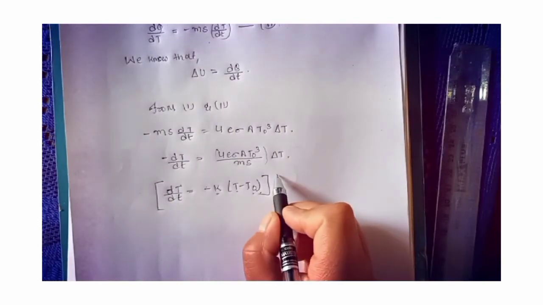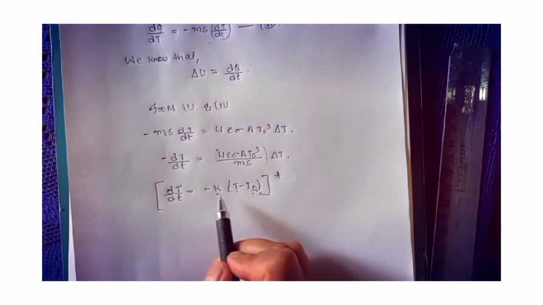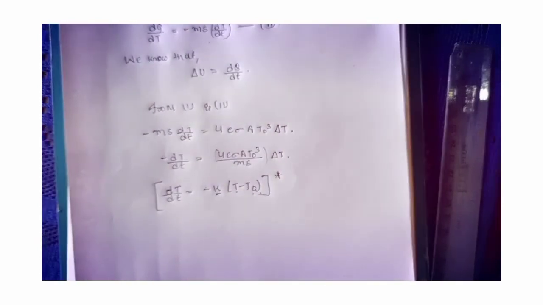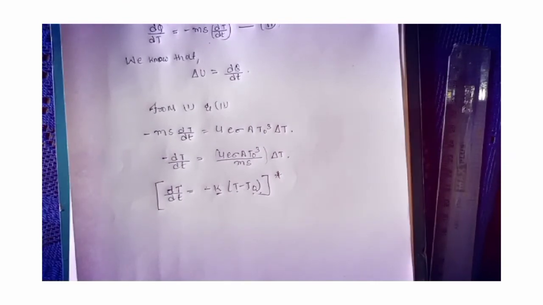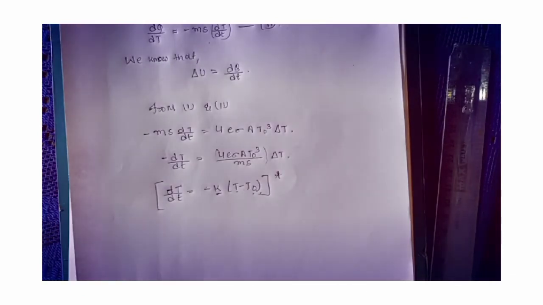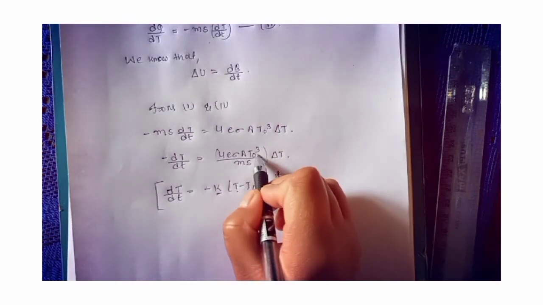Hence Newton's law is proved. Here this constant k depends on the surface involved: the area of the surface, emissivity of the surface, and specific heat capacity. This constant k also depends on the surrounding condition, that is T naught.